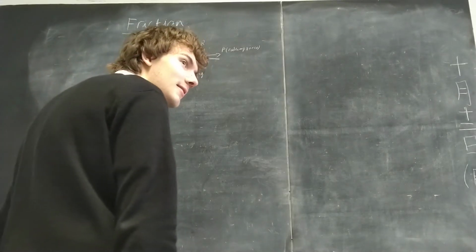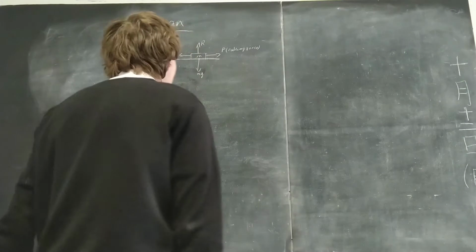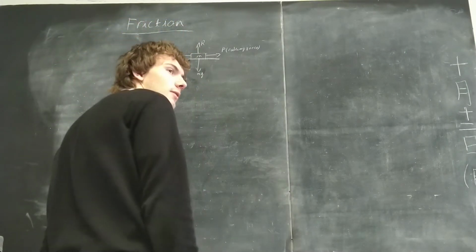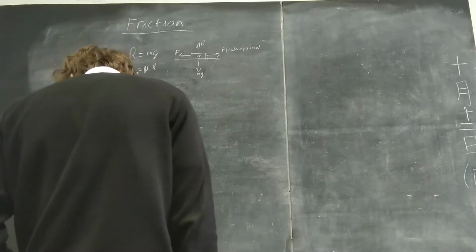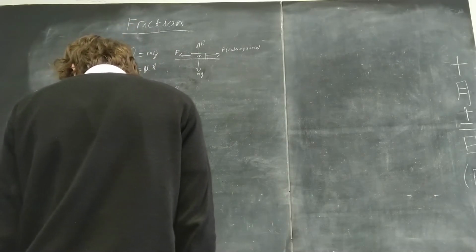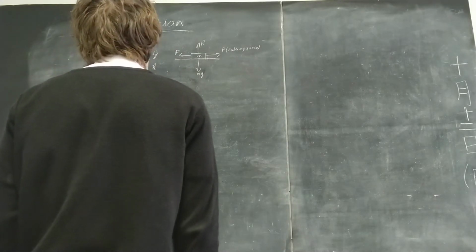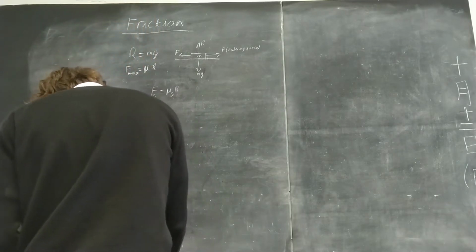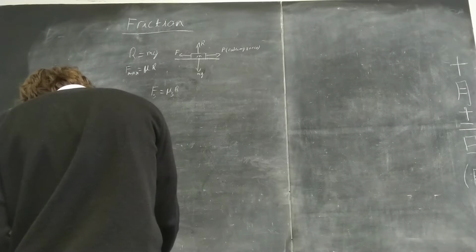It's either 0 or 1. Oh no, it's F_S. Is that F going backwards on the free body diagram? Yes, because it's friction, opposing the force.